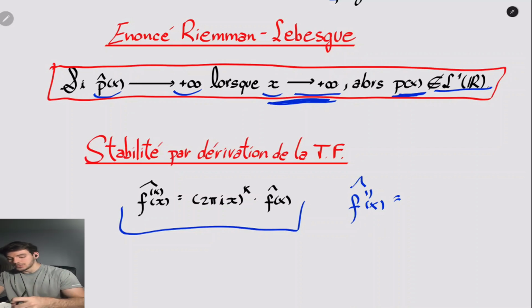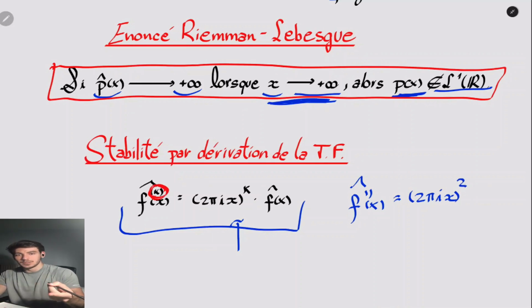Then you're going to use this formula to write it down as 2 pi times i pi x to the power of 2. Since here that's the number of derivations that you've done to your function, and here that's the power of 2 pi x. So squared times your function transformed without any derivation.